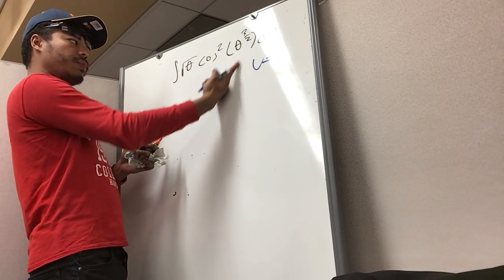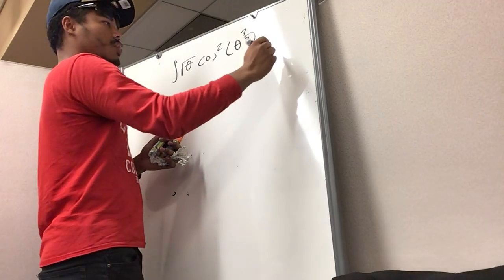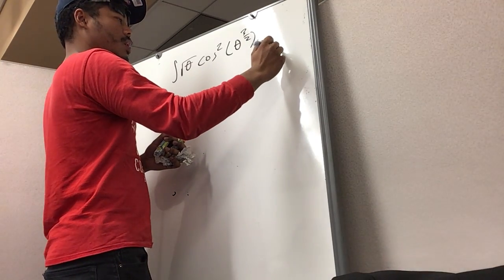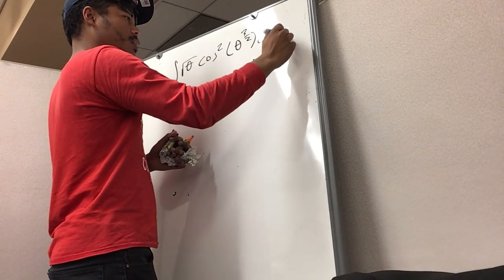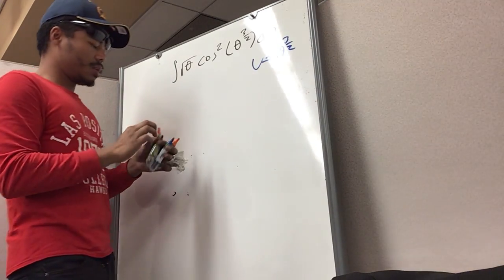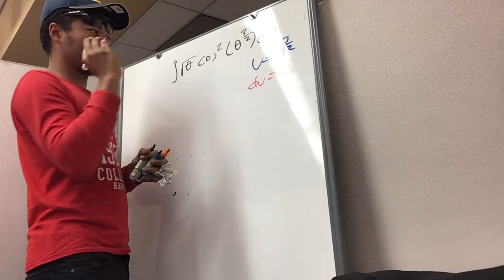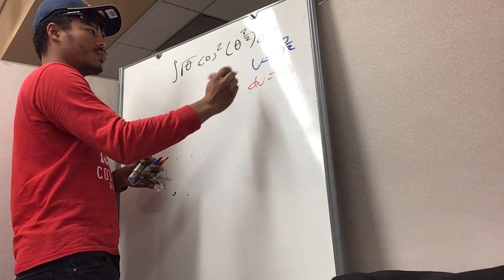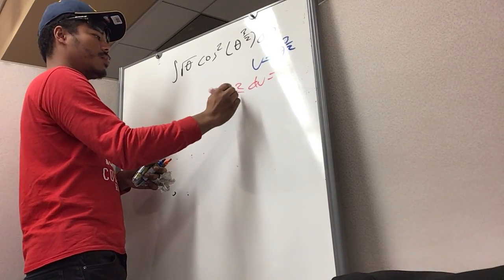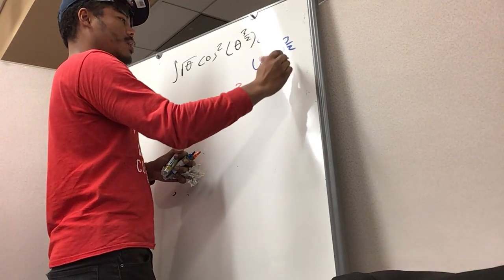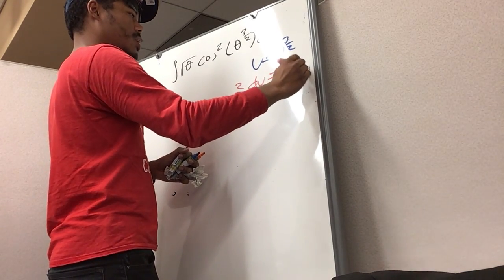Just notice, take the derivative: du equals 3 over 2 theta to the 1 over 2 d theta. Move that to this side: 2 over 3 du equals theta to the 1 over 2 d theta.